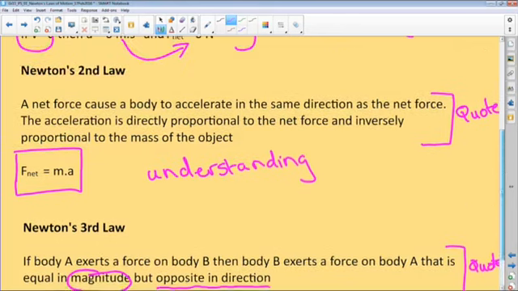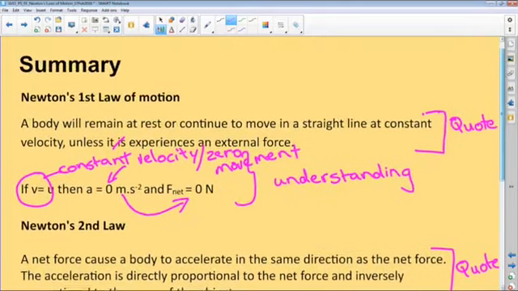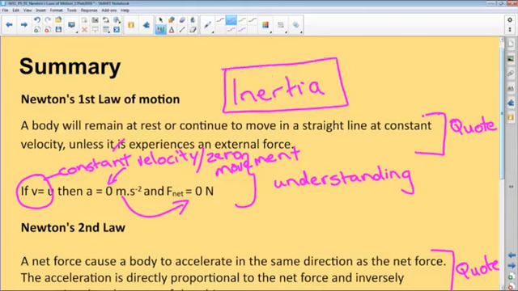One last thing. Just want to look at Newton's first law. You need to know what inertia is. People think this is a force. It's not a force. It is a property of material. Inertia is a resistance to movement.